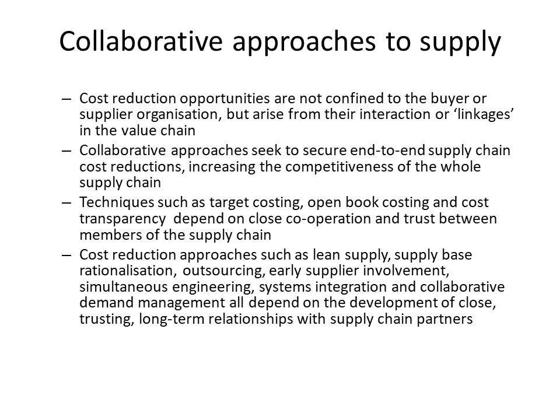There are many techniques: target costing, open book costing and cost transparency, and they need close cooperation and trust, which is only possible with a collaborative arrangement. And the approaches include lean, outsourcing, ESI, simultaneous engineering, etc. So many techniques.